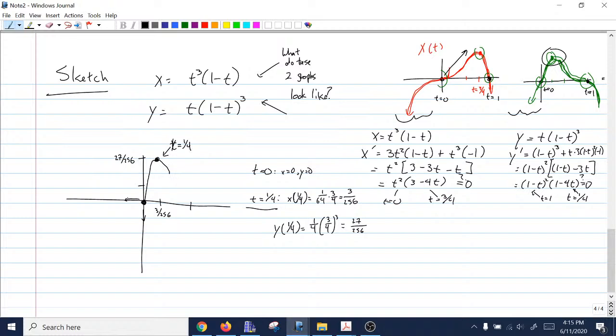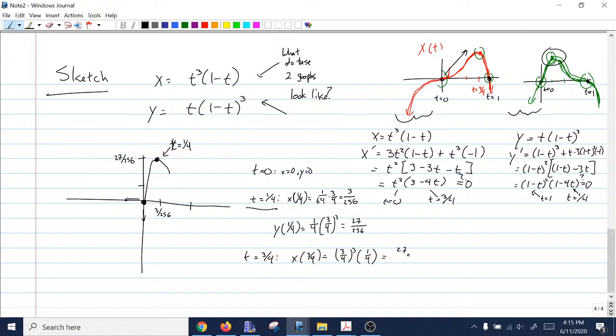Our next point of interest, we might do 1/2 just because there's a good chance some kind of symmetry is happening at 1/2. But I'm not going to. What's happening at the value t equals 3/4? X of 3/4 is 3/4 cubed times 1 minus 3/4, which is 1/4.